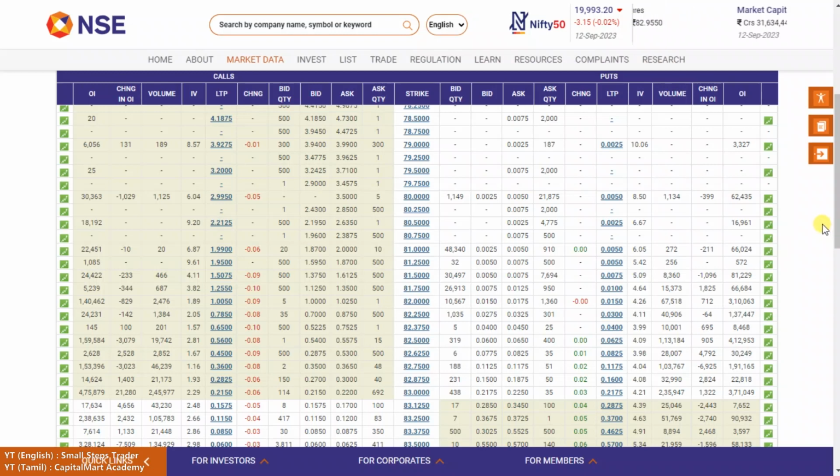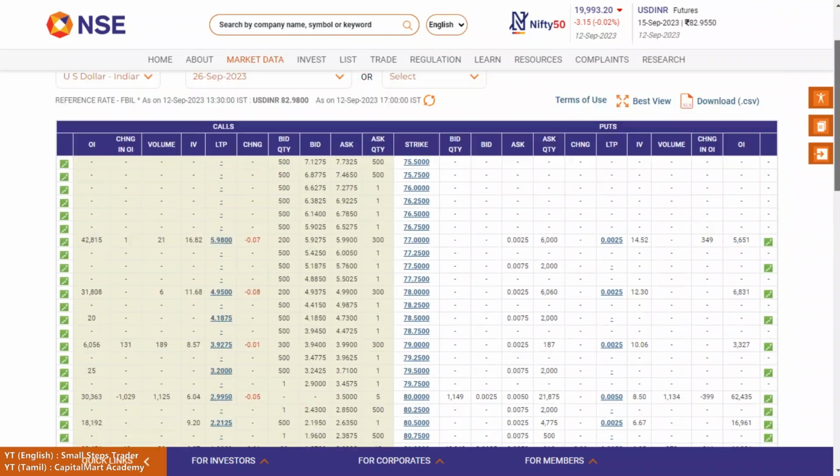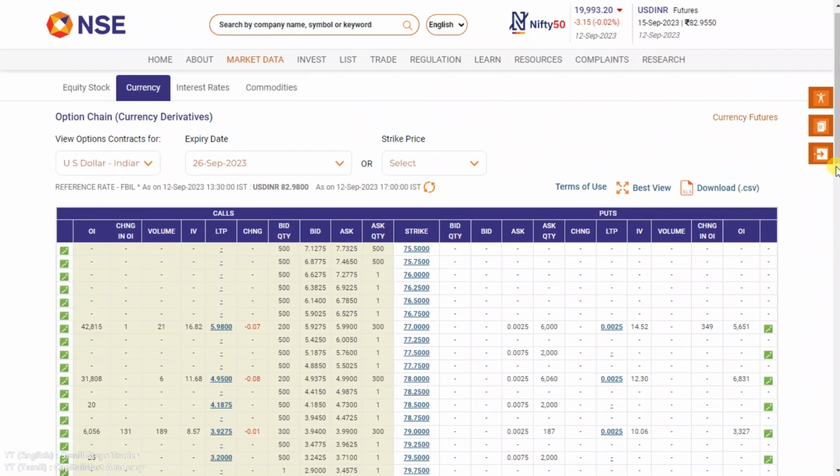I will go for USDINR options, that too in the money options. If I take in the money options, it is treated almost like a future's attributes. That is the reason I avoid the future, and I take deep in the money USDINR options. So now you know why I am saying USDINR only.